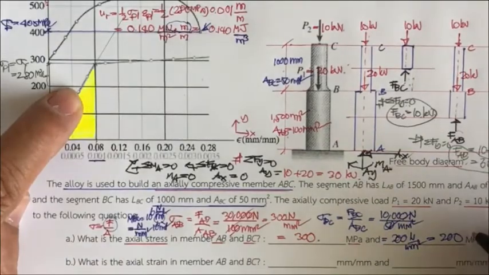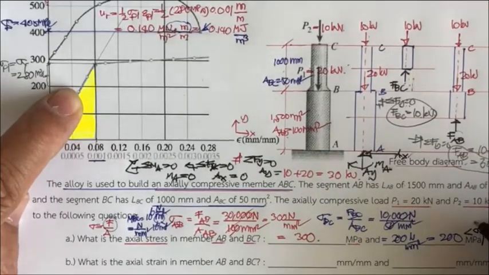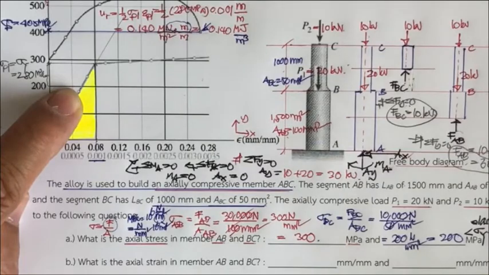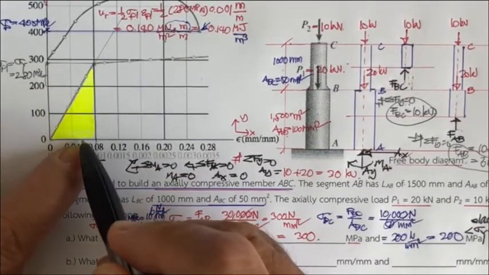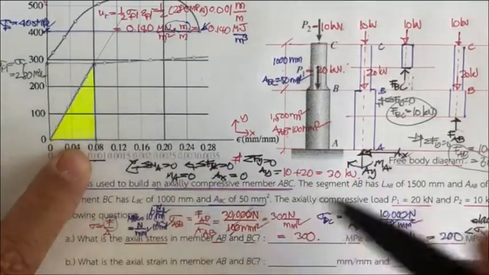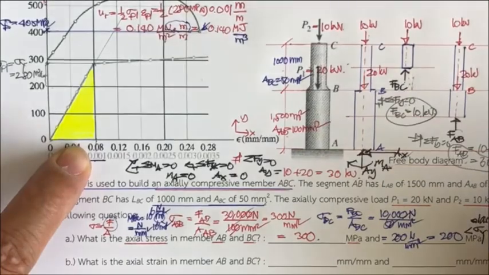So this one is less than sigma sub y, so the behavior is going to be in the elastic region. It's 200 megapascal, still here, and since it's in the elastic region, we can use Hooke's law for this. So sigma equal to E times epsilon.